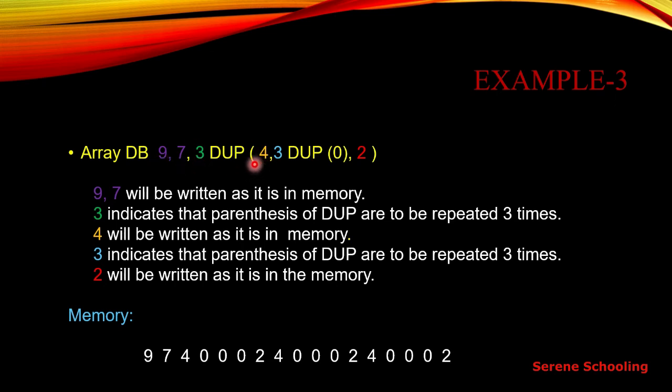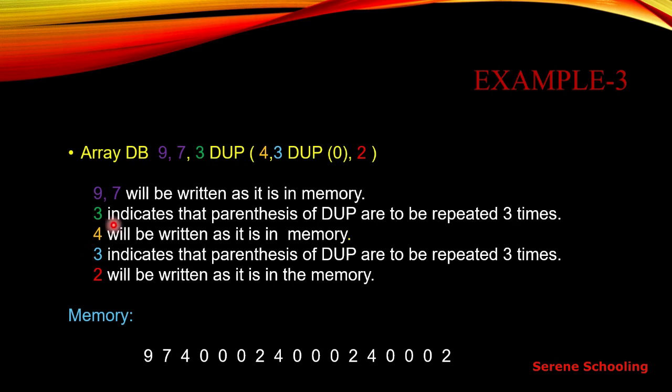This is again going to be written as it is, and just like this 3 tells that this parenthesis is going to be executed 3 times, this 3 also tells that this parenthesis is going to be executed 3 times, and this comma 2, this 2 just tells that we have to write this 2 as it is. And whatever I have explained to you is written over here as well.